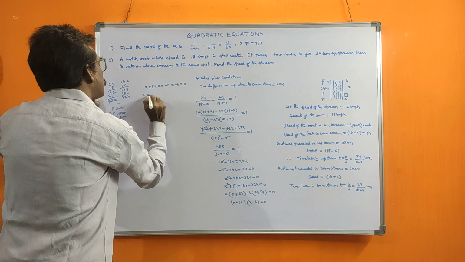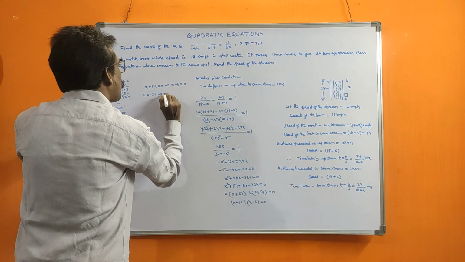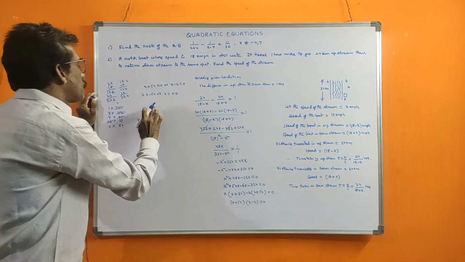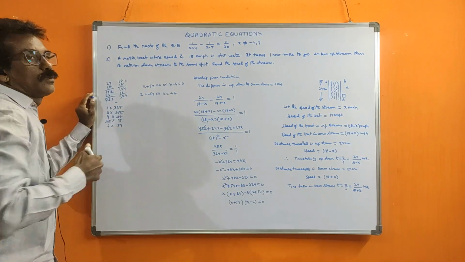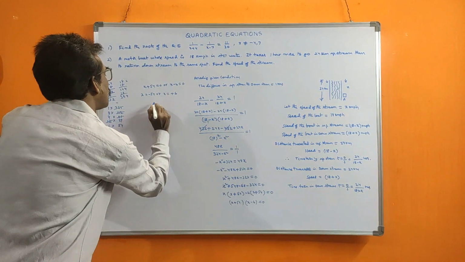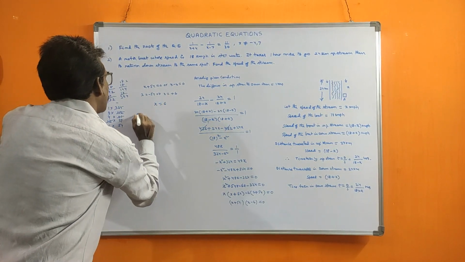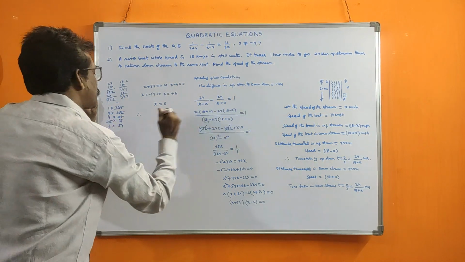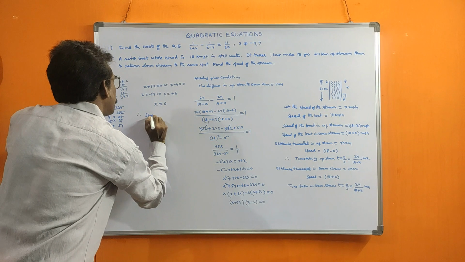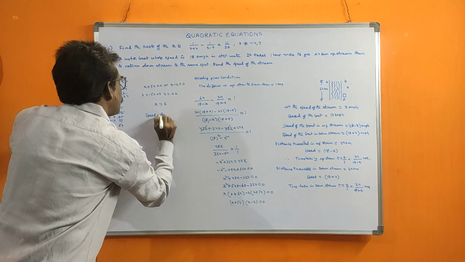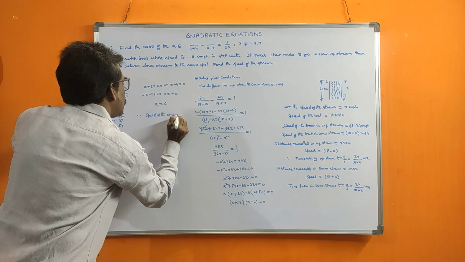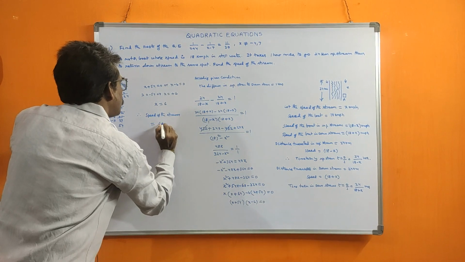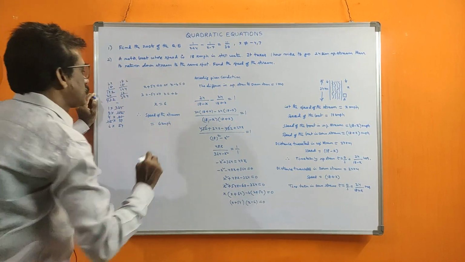By this, x is equal to minus 54 or x is equal to plus 6. Because this is velocity, there is no chance of minus, so take plus only. Therefore the x value is 6. That means x is the speed of the stream. So the speed of the stream is equal to 6 kmph.